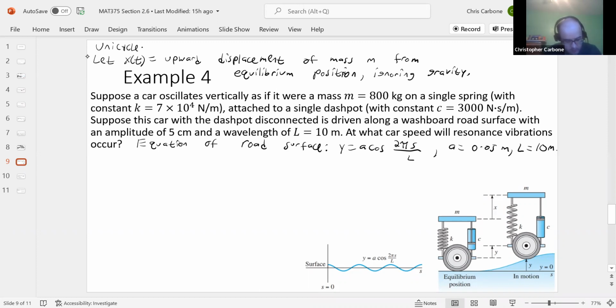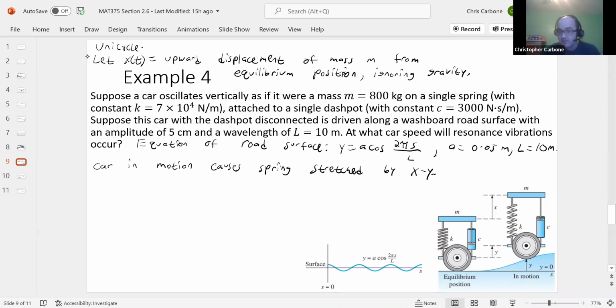So the car in motion causes the spring to be stretched by x minus y.